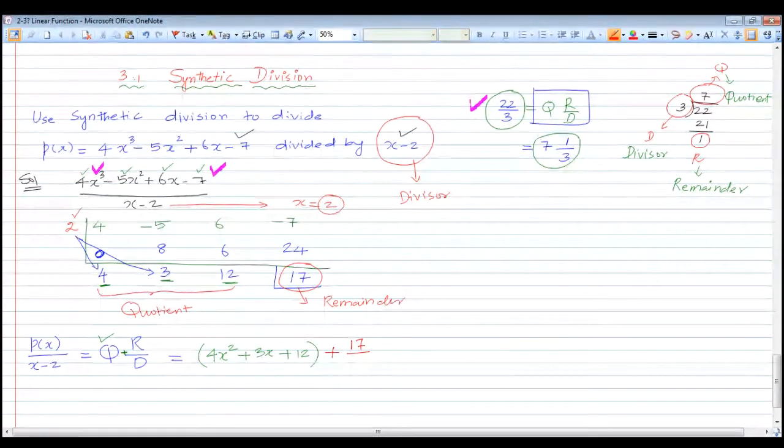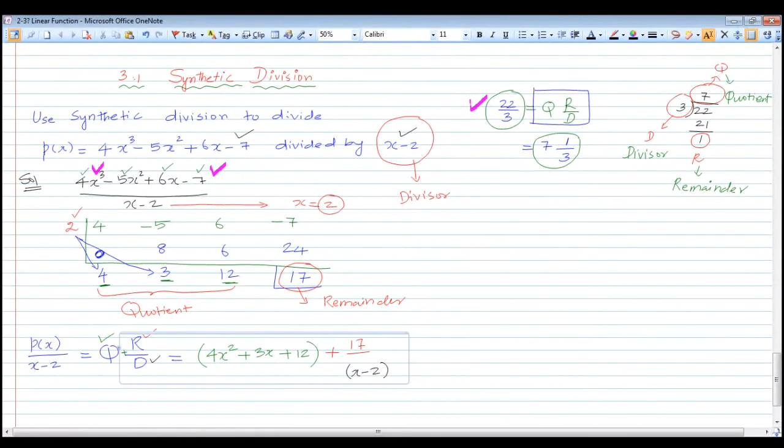What is the divisor? The divisor is x minus 2. So this is the rule. If you multiply this, you will get the answer. This is a very important rule. For all the problems, we are applying the same rule, divided by x minus 2.